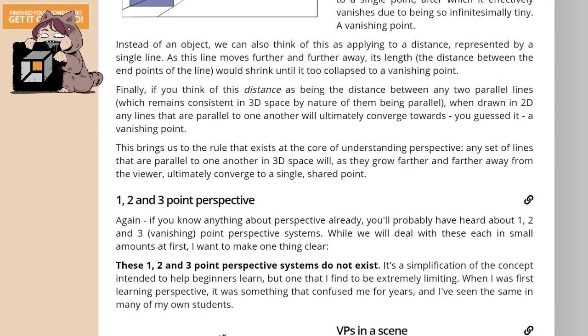Finally, if you think of this distance as being the distance between any 2 parallel lines, which remains consistent in 3D space by nature of them being parallel, when drawn in 2D, any lines that are parallel to one another will ultimately converge towards, you guessed it, a vanishing point. This brings us to the rule that exists at the core of understanding perspective. Any set of lines that are parallel to one another in 3D space will, as they grow farther and farther away from the viewer, ultimately converge to a single shared point.